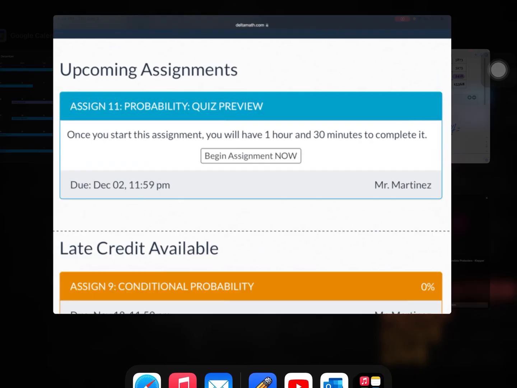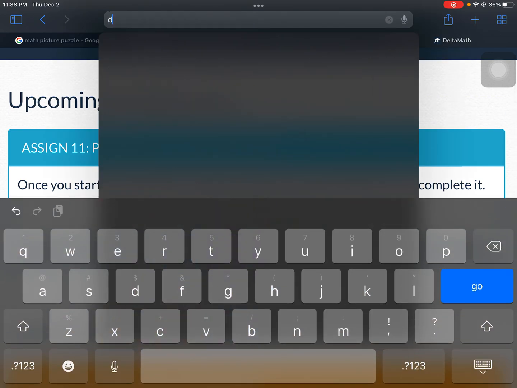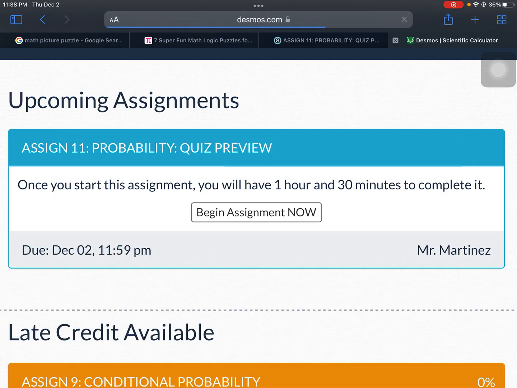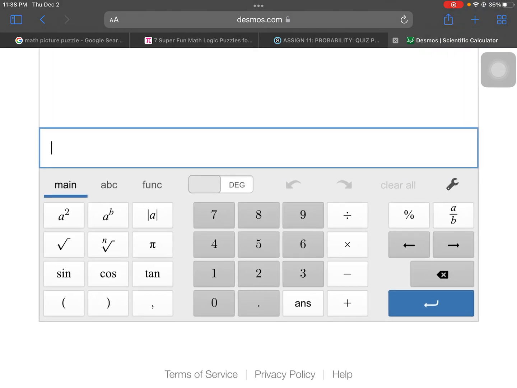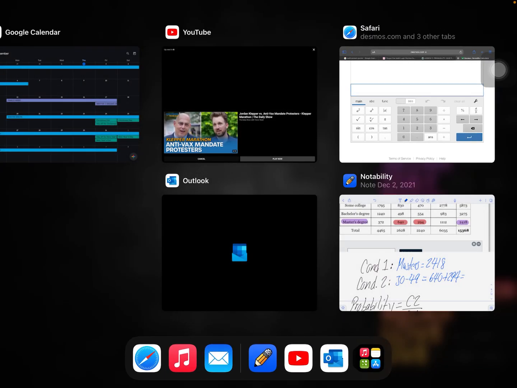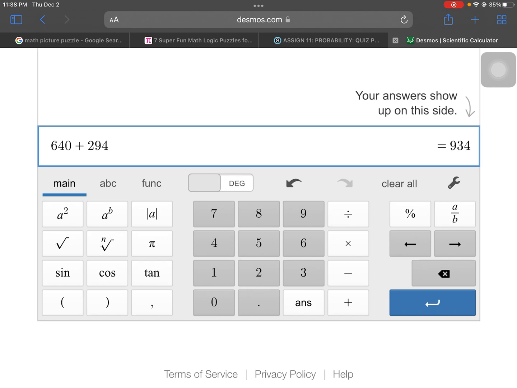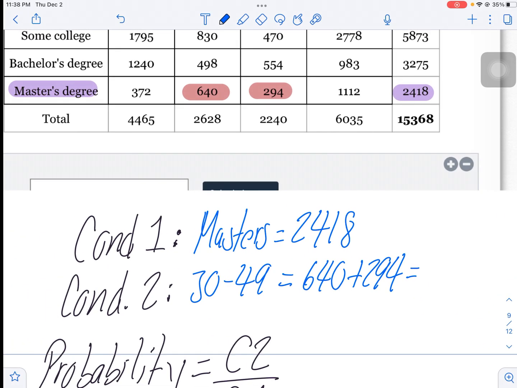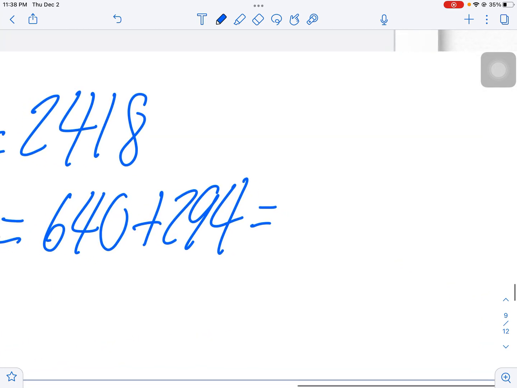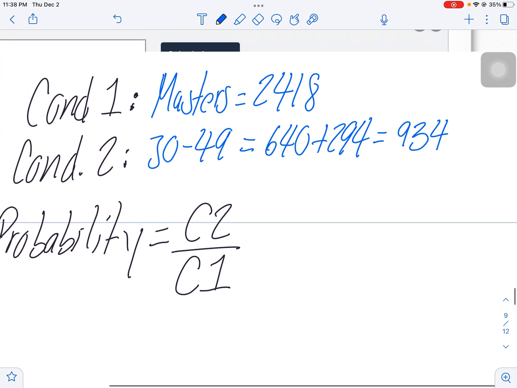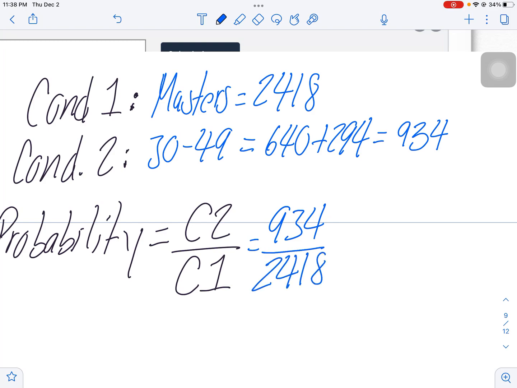So let us use our scientific calculator. All right, there we are. So this was 640 plus 294, which was 934. So condition 2 is 934 over condition 1, which is 2418.